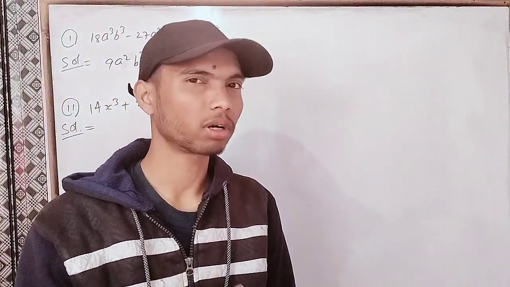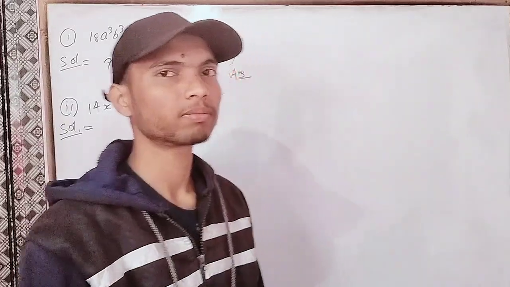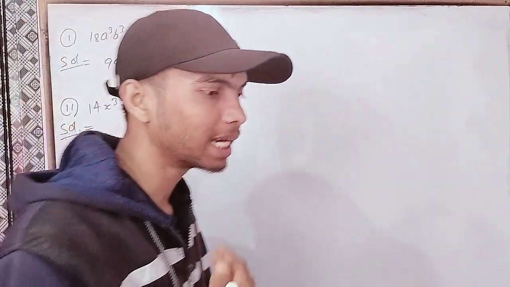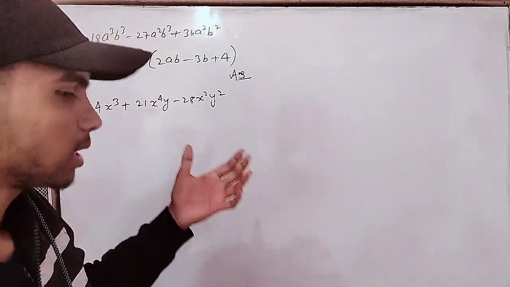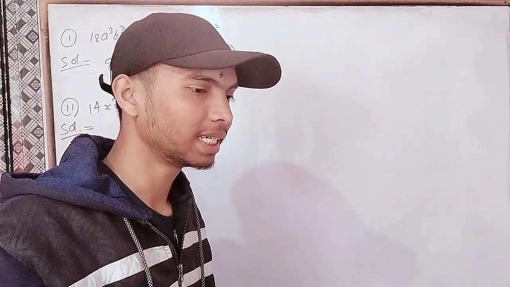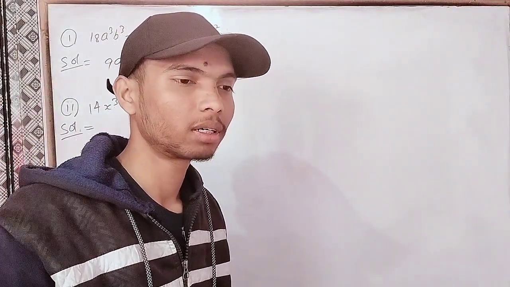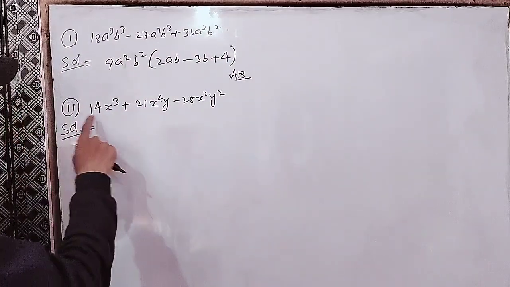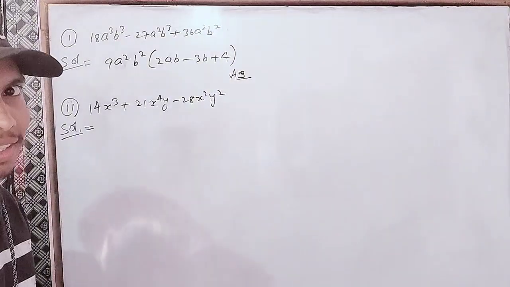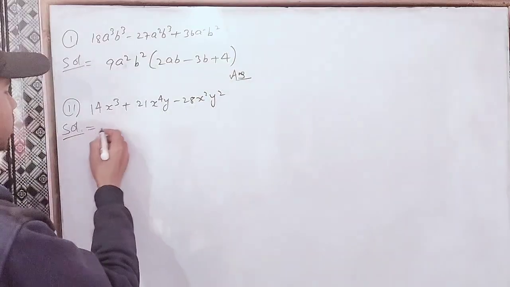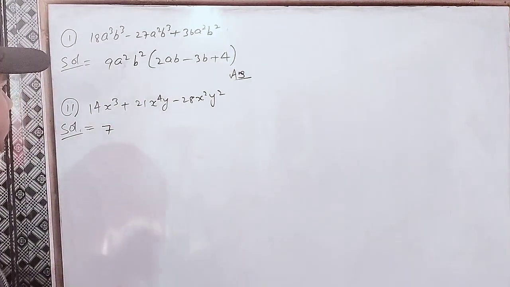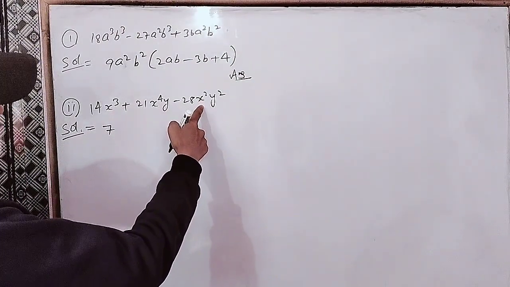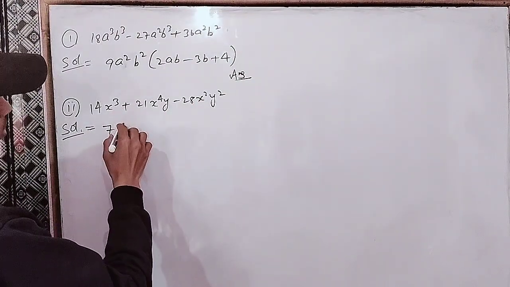What is that product which can come from these three terms, these three numbers? What is common? 7. 7 2s are 14, 7 3s are 21 and 7 4s are 28, so 7 is common. Now x³, x², x². How much will be taken? x².